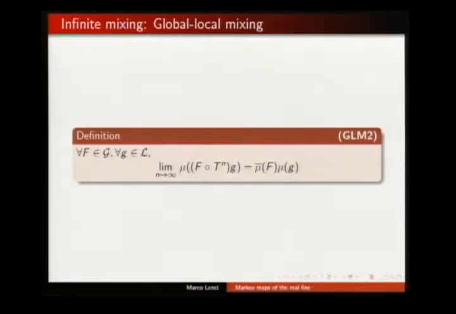So this thing is now an L1 function, the product of this, so you can measure it with the measure mu. And if this splits asymptotically, if this factorizes into the product of g measured by mu and f measured by mu bar, then you can say that this system is mixing in some sense. I'll tell you later why I call it 2 and not 1.